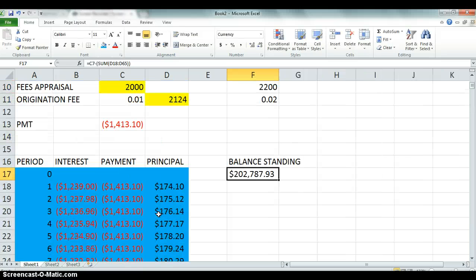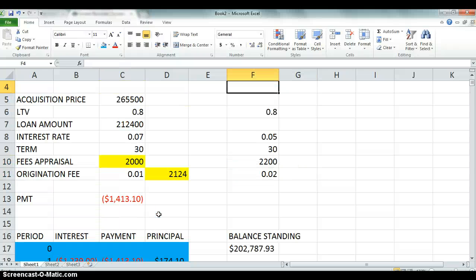So we have a balance standing of $202,787 at year 4. The $202,787 will be the amount of money that we will have to acquire as a loan. So we're just going to plug it in.